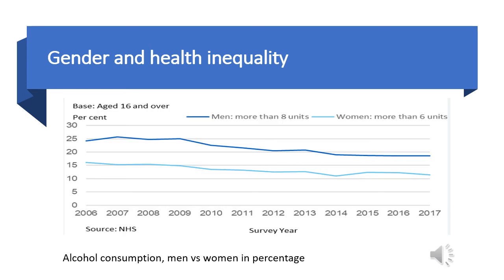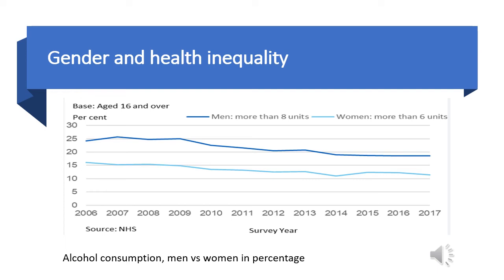So let's look at alcohol consumption in men versus women. As you can see, the rate of alcohol consumption declined in men and in women, but the decline was less among females.